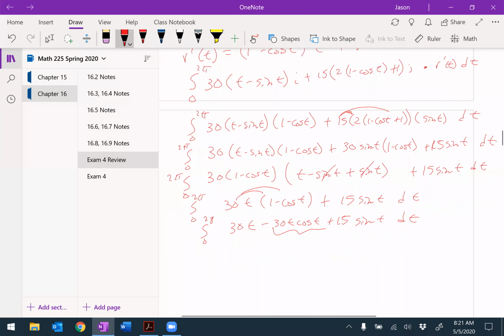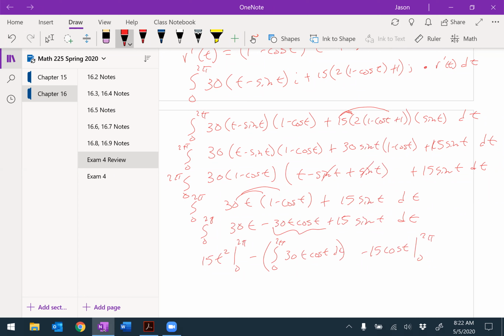So I'm going to do this individually. 30t becomes 15t squared evaluated from 0 to 2 pi, minus the integral from 0 to 2 pi of 30t cosine t, plus 15 sine t, which integrates to minus 15 cosine t evaluated from 0 to 2 pi.